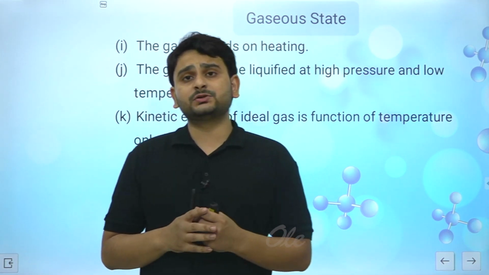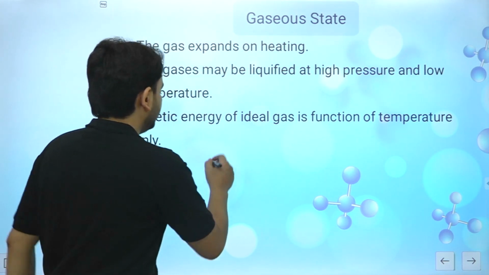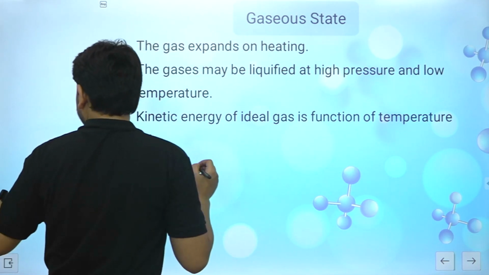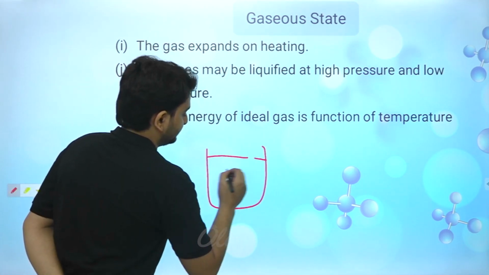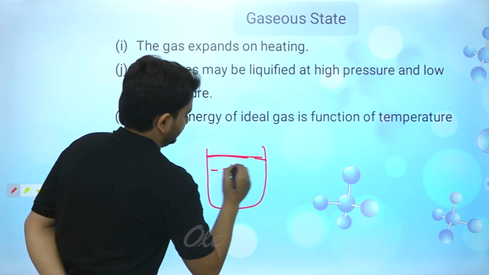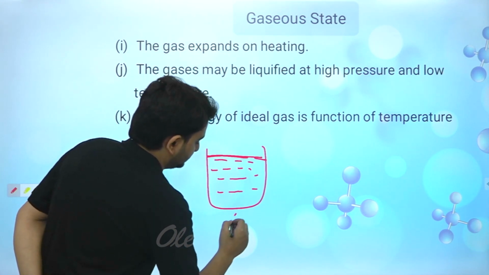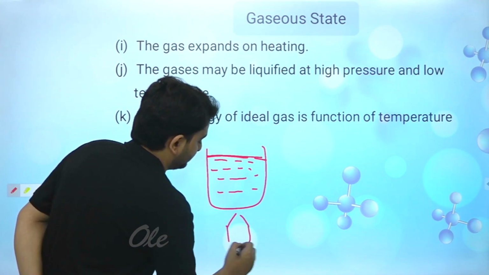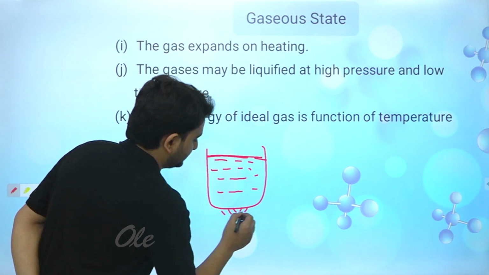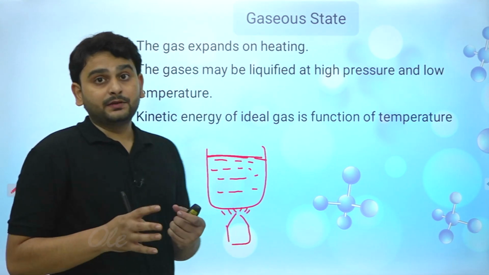In fact, anything expands on heating. What happens is, when you apply temperature, for example, let's say in a container you have a gas filled. This is the wall of the container, and you have these gas particles over here. If you put a burner over here, these gas particles will become more energetic.